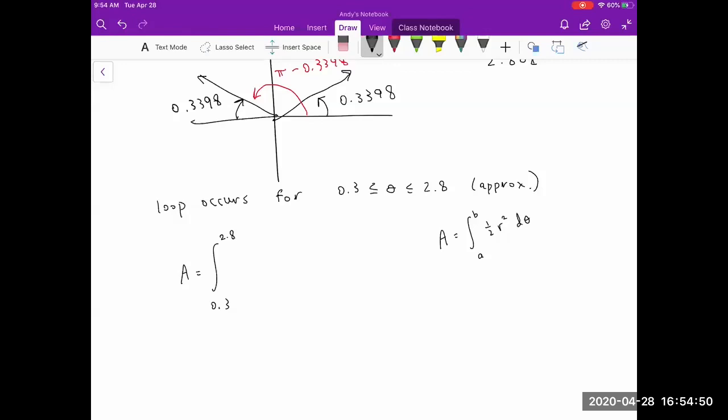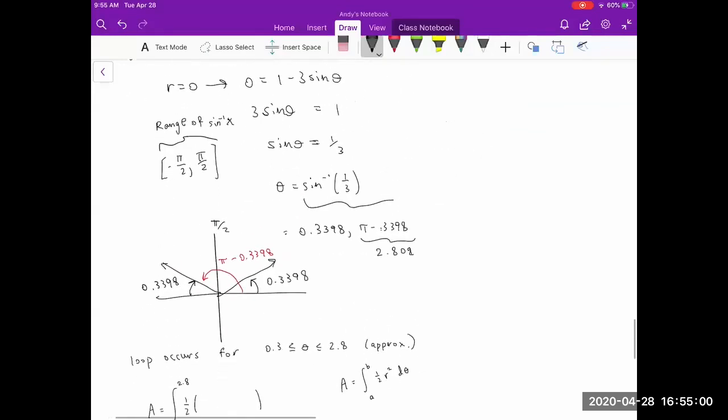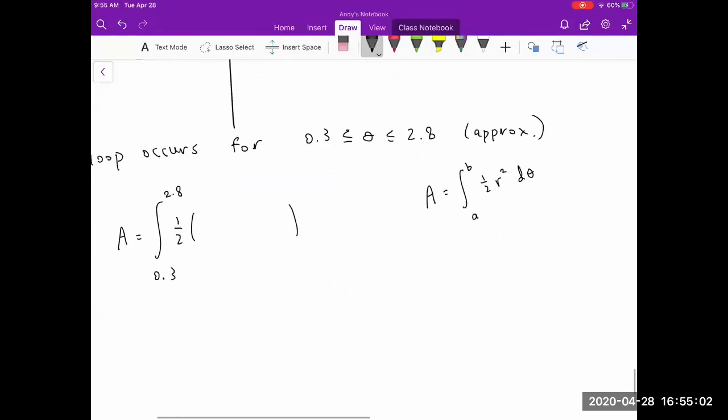We just looked at that in 10.4, so that's recent. So 1/2 r squared. What's r squared? What's r? r is 1 minus sine of theta, 1 minus 3 sine of theta.